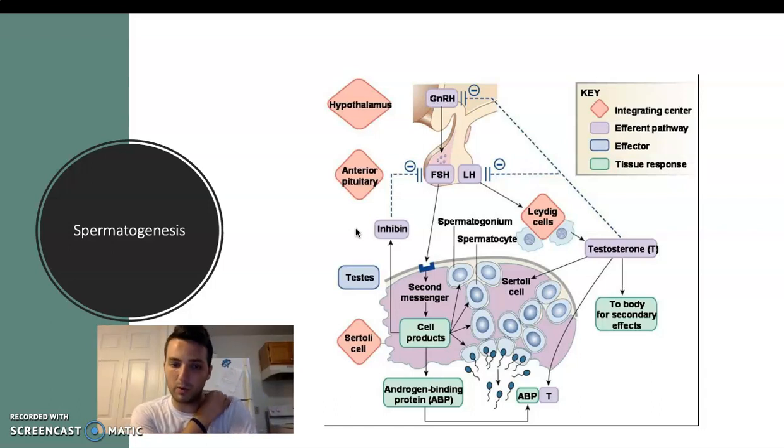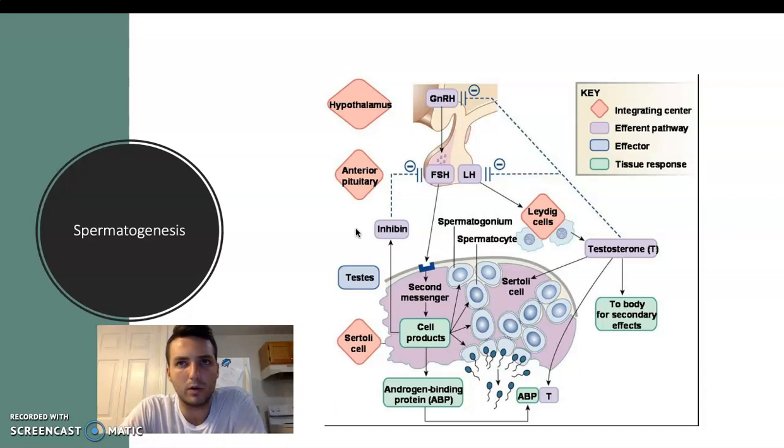This has a little more going on, but basically these two hormones will not only drive secondary sexual characteristics through the release of testosterone from the Leydig cells, but also work through a secondary messenger system to androgen binding protein, which works with testosterone to lead to the maturation of sperm.